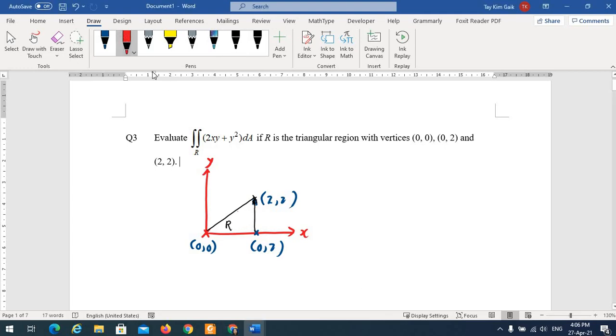I use a vertical bar to sum this region R. If you use a vertical bar, it looks like you form a vertical arrow, and it means you evaluate your double integral using dy dx.